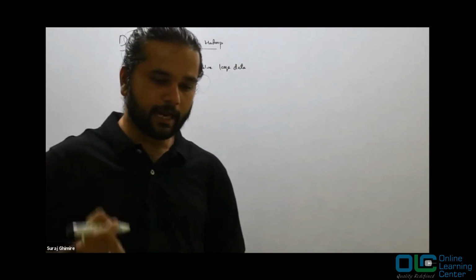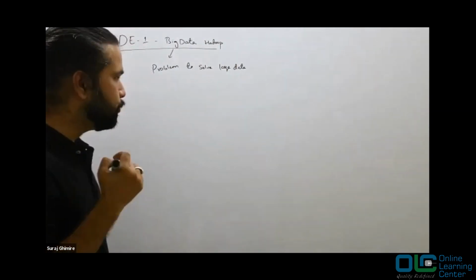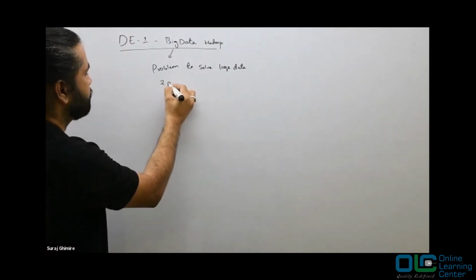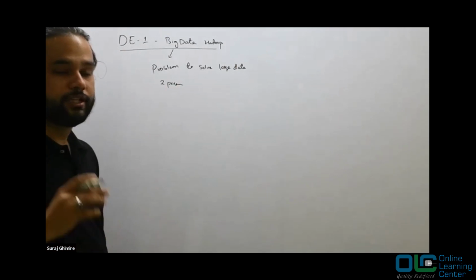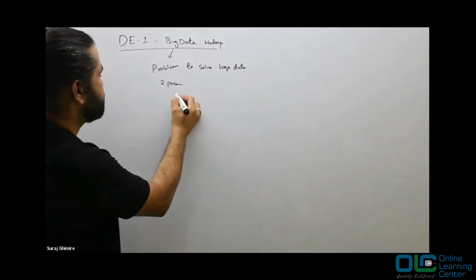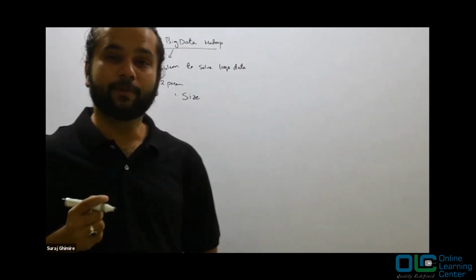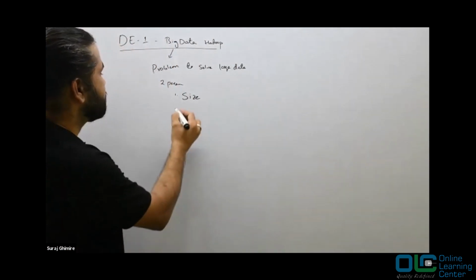Now, when I say large data, how do you identify if data is large? You have two parameters to decide if data is large or small. The first parameter is the size of the data, and the second parameter is the processing time of the data.